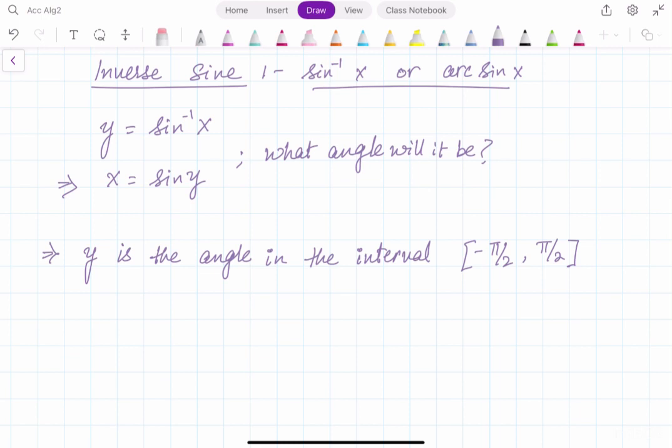So as we have discussed earlier, the range of the sine function will become the domain of the inverse function. Domain of the sine function will become range of the inverse function. So the domain is -1 and 1 because it is continuous, and the range is -pi/2 and pi/2. So y is the angle in the interval -pi/2 and pi/2.